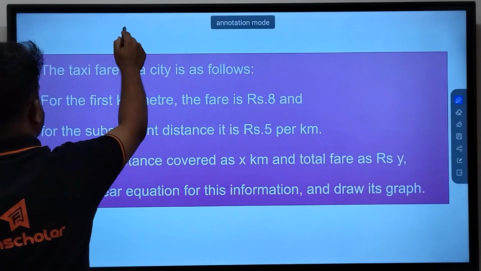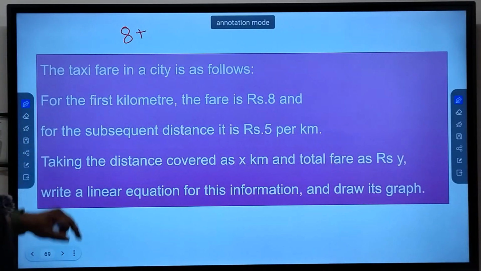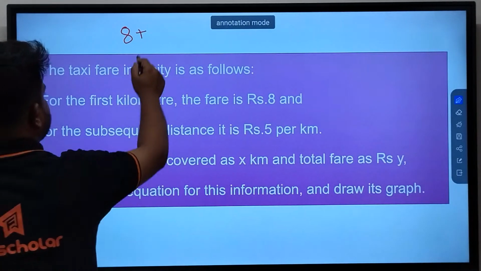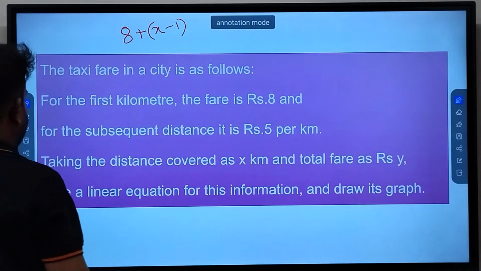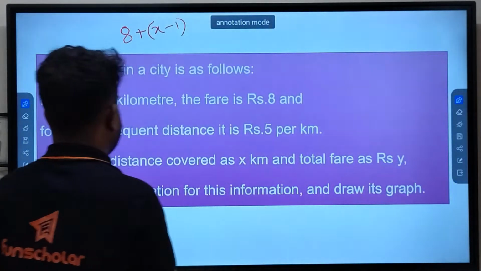So it will be 8 for the first kilometer, plus, for the subsequent distance, rupees 5 per kilometer. The total distance covered is x kilometers, and from x we subtract 1 because 1 kilometer is already covered for rupees 8.